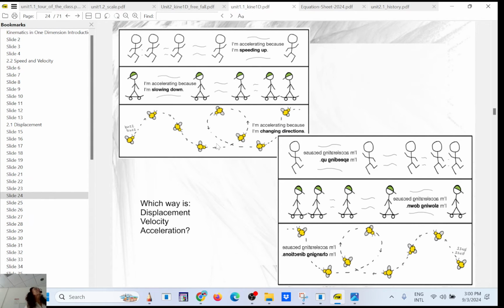Because there is not enough friction between the tires and the road, not enough force to push the car in the turn to keep the car on track. Off track you go, right? So this bee needs a force to keep it on the track. Otherwise, off tangent it goes.